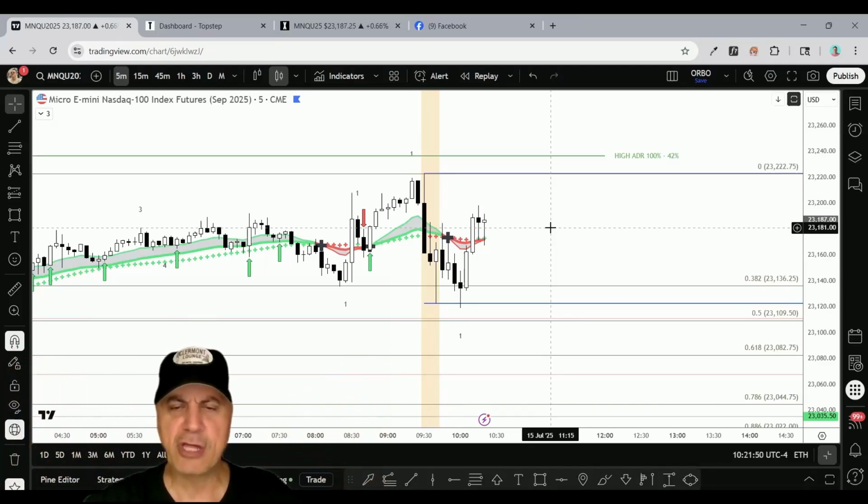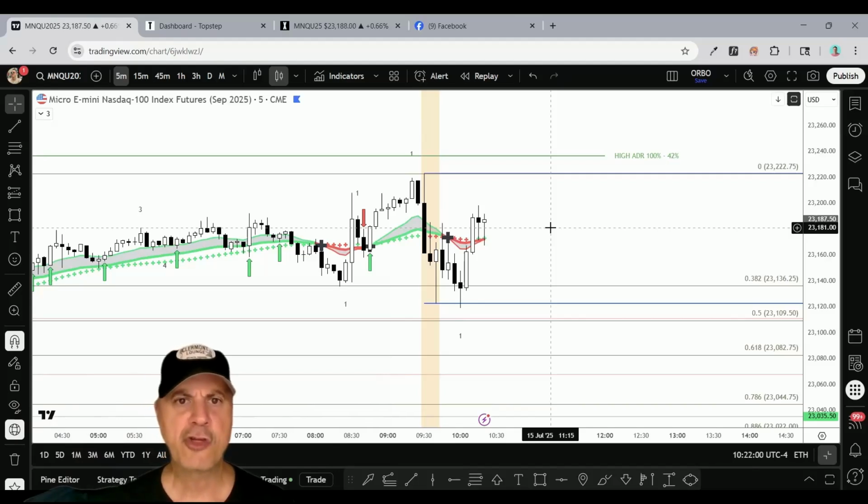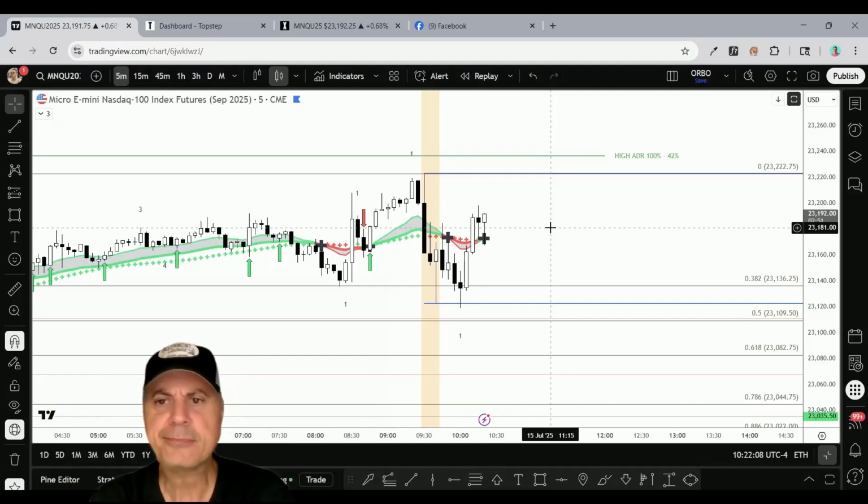Build your strategy around that. We like to use the 3-hour chart for momentum, the 1-hour chart for trend and momentum, and then the 15-minute chart or 5-minute chart to actually enter the trade.